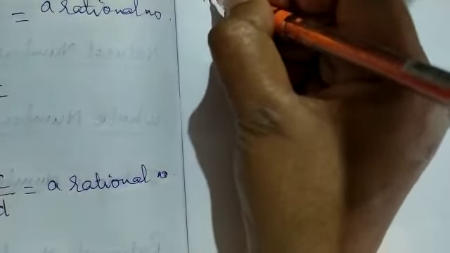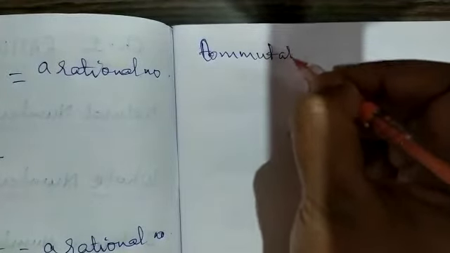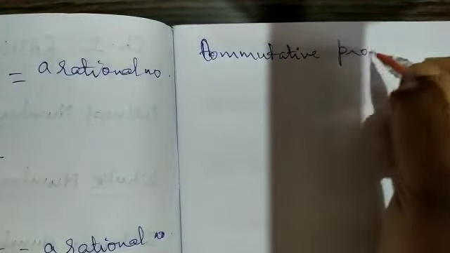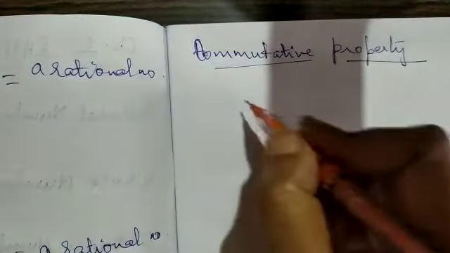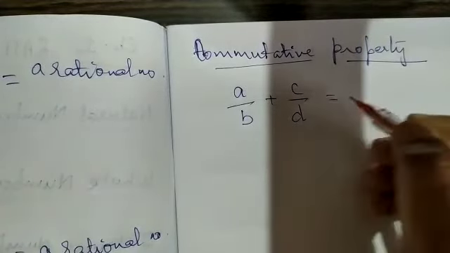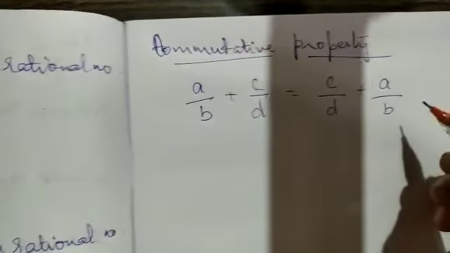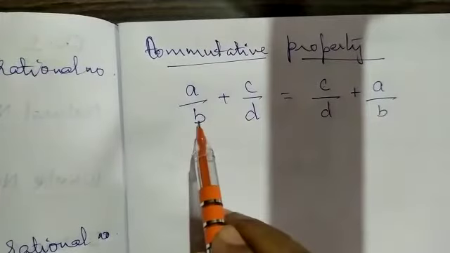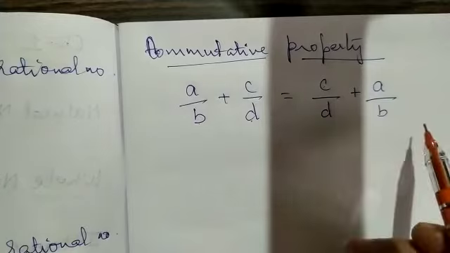The next property is the commutative property. It tells that a by b plus c by d is equal to c by d plus a by b. Means even if we change the order of the numbers, the answer should be the same.